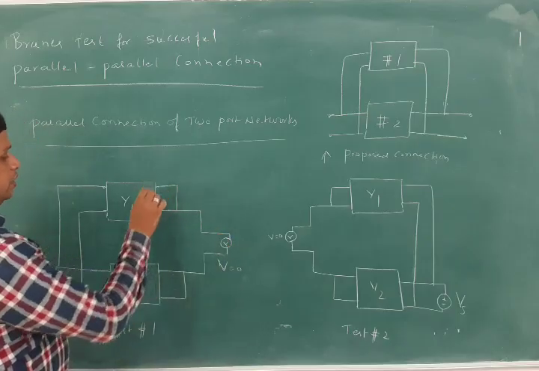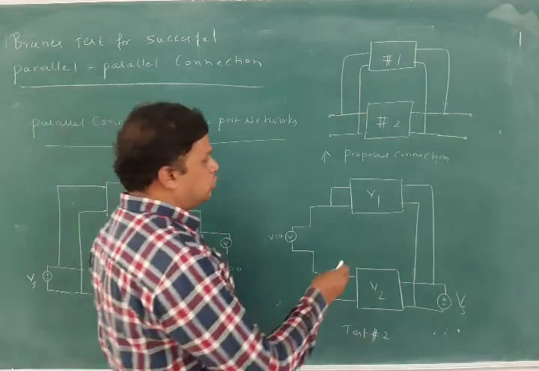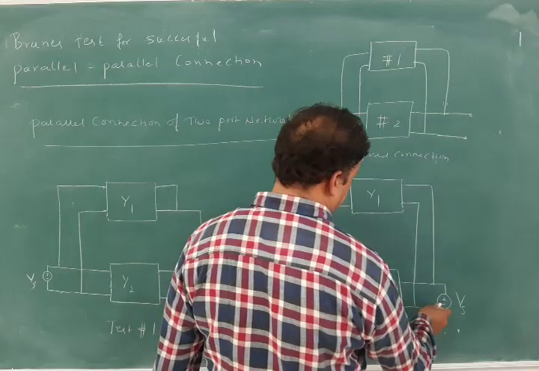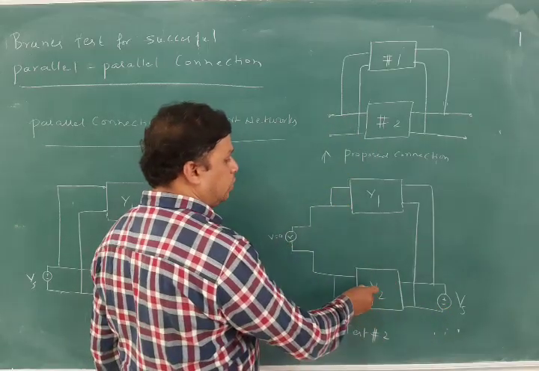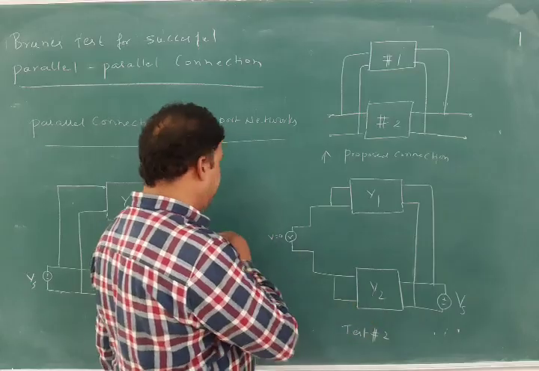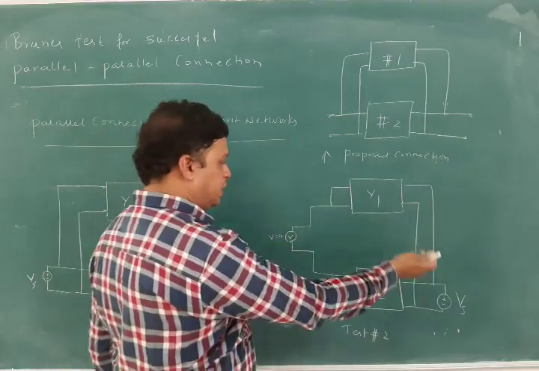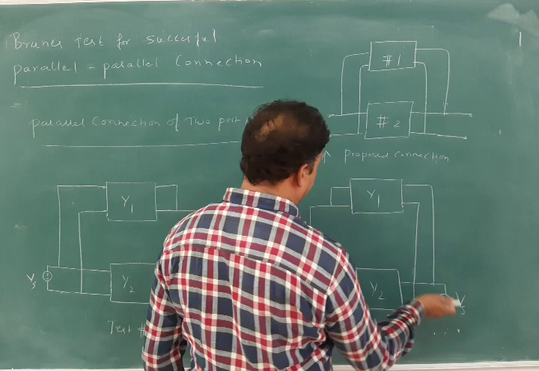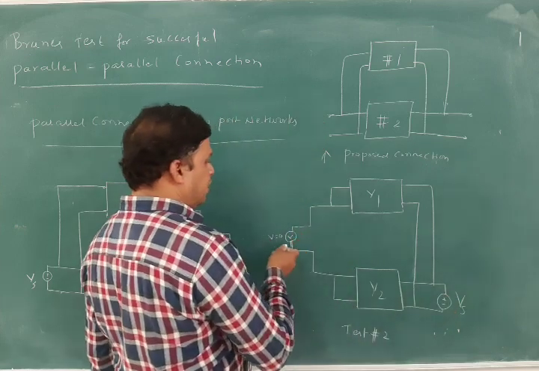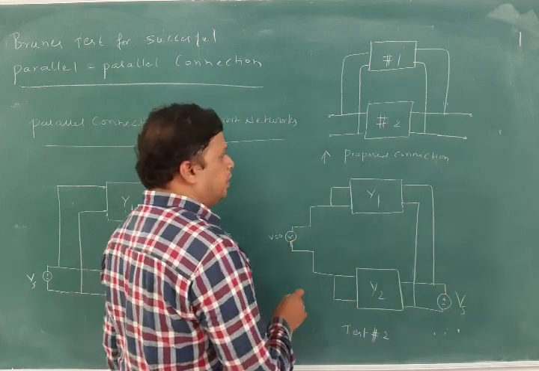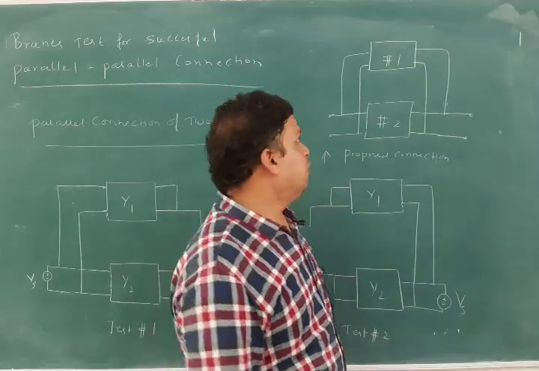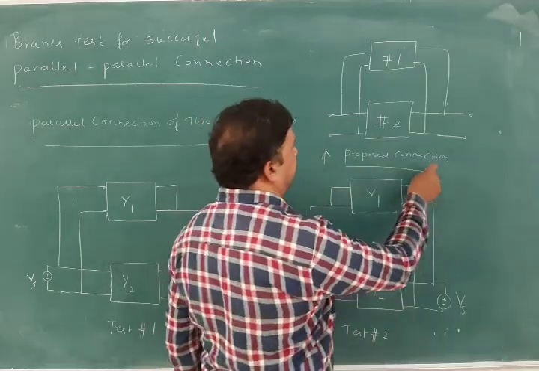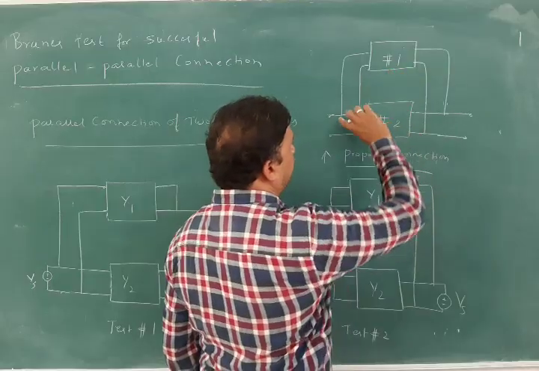If you see this other network, here also we are doing the same, applying the voltage at this particular terminal of the second two port network Y2, and we will be seeing the same network only, just changing the applied voltage side and the measuring voltage side. Here also, if the voltage is 0, then the conditions are satisfied for parallel connection also, and therefore the proposed network was like this: network 1 and network 2 are parallelly connected.